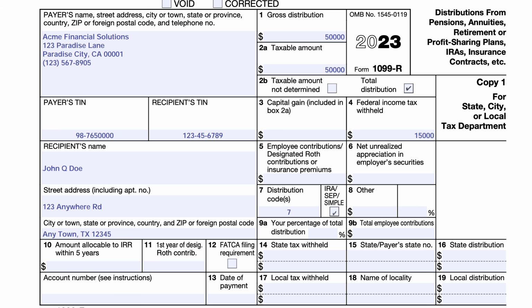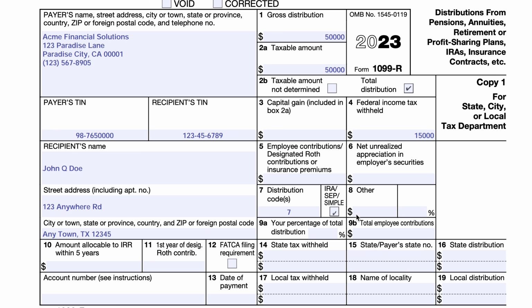In box 8, marked Other, this would be mostly the actuarial value of an annuity contract that's part of a lump sum distribution. Any amount here would not be included in either box 1 or box 2A. So unless this is an annuity, you'll probably not see anything in box 8.